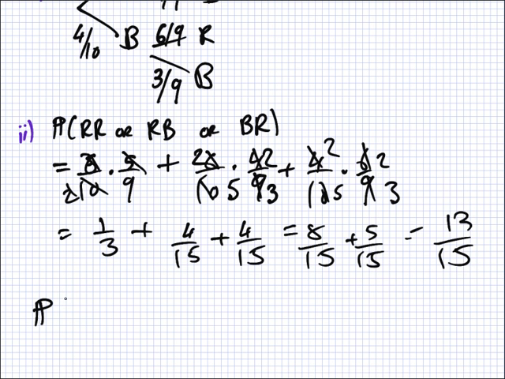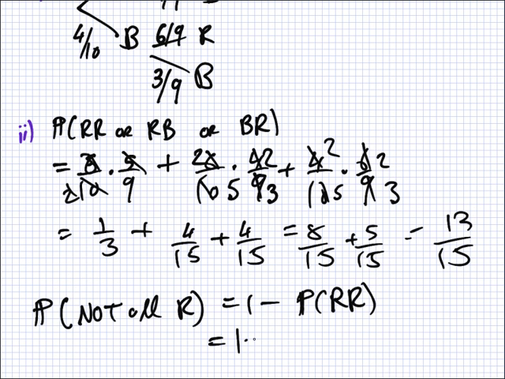Yeah, that's it. At least one red means not all red, which is 1 minus all red, which is 1 minus, isn't that right? All blue. I forgot the question. What is it? Oh, at least one bead is red. Yeah, sorry. Not all red is 1 minus all red.